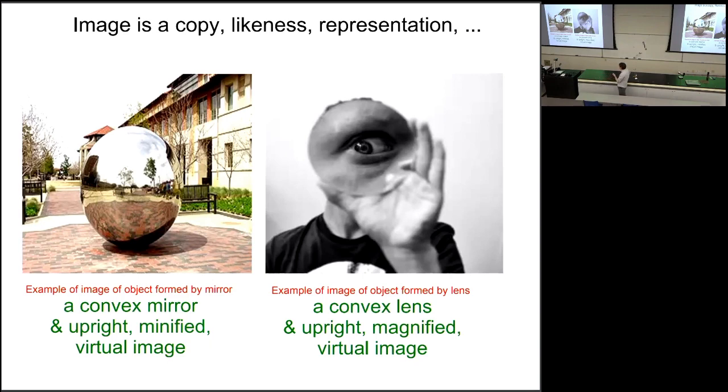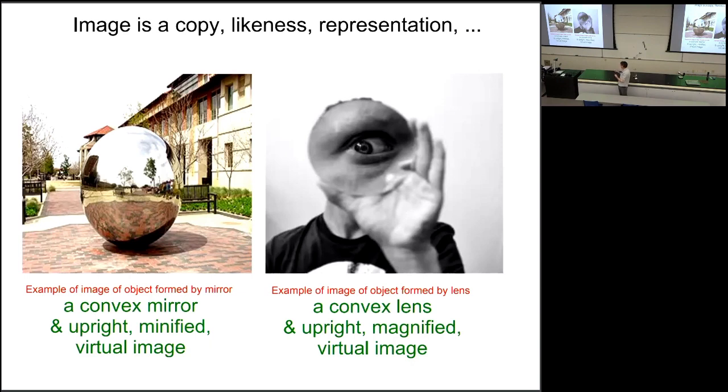So this image over here of the tree is minified. I don't know if minified is a real word, but it means shrunken to me. It's a smaller image of the tree. The tree is really bigger than this. This image over here on the right is magnified. That is a real word, I know that.